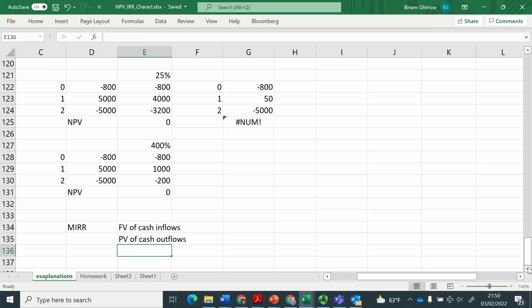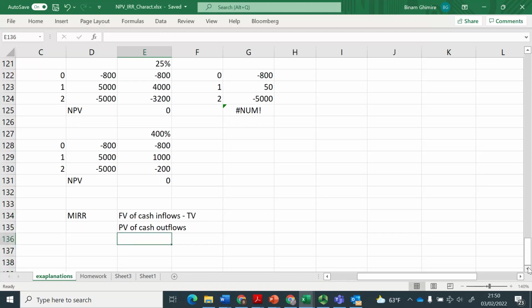This is what you need first. Future value of all cash inflows is also known as terminal value or TV. Anyway, what is the future value of all cash inflows?